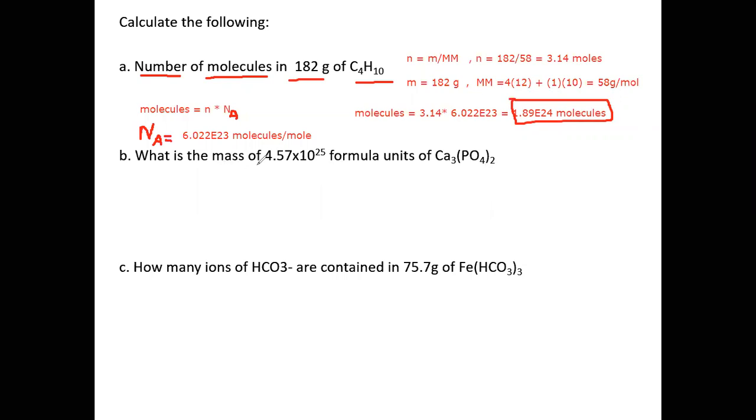Next, we want to know what's the mass of 4.57 times 10 to the 25th formula units of calcium phosphate. So to find mass, we need to know the moles times the molar mass. So if we know the molar mass and the moles, we can find mass. So molar mass equals the number of calcium times the molar mass of calcium. And again, I get these from the periodic table. Plus, now here, the 2 gets distributed to the phosphorus and the oxygen.